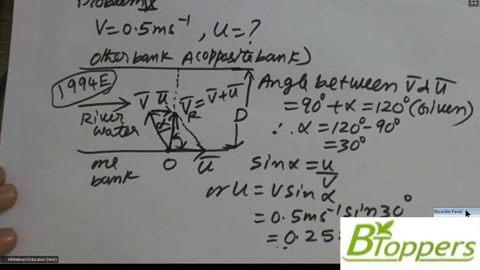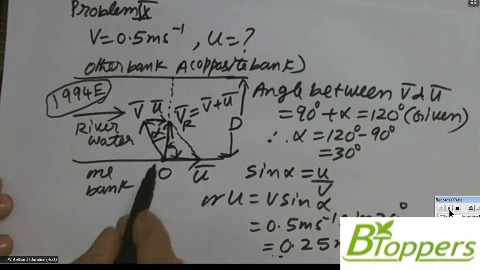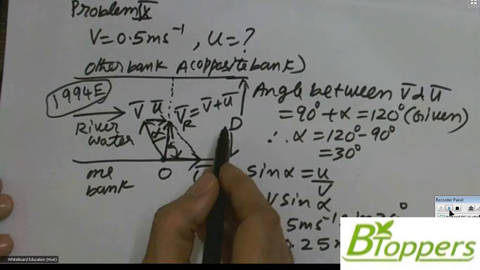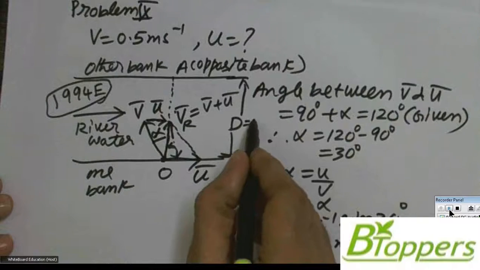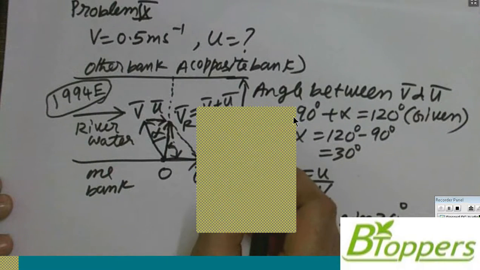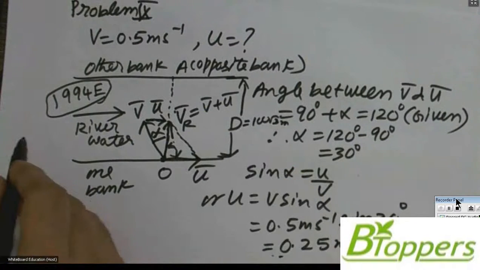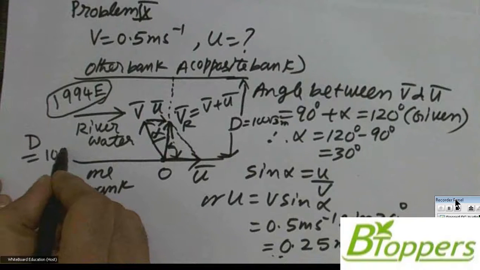So, this problem 10 is linked to the previous problem which I have just discussed. The same solution which I have discussed before this. The width of the river is given to be D is 100 root 3 meter. The width of the river I have denoted by capital D in the earlier discussion.